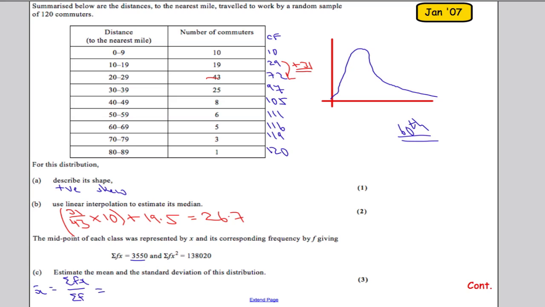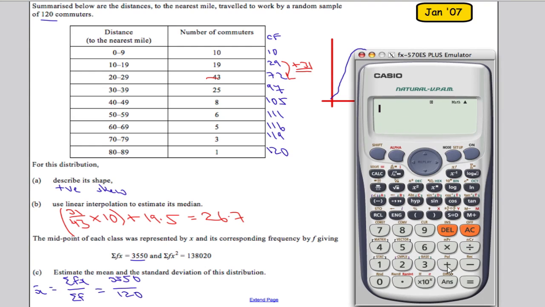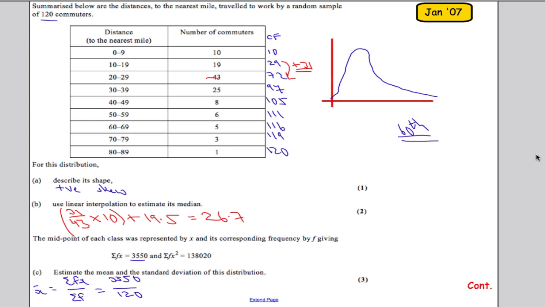Sum of fx is given to us as 3550, and the sum of the frequencies must be 120. So 3550 out of 120 is 29.6 to three significant figures. 29.6.